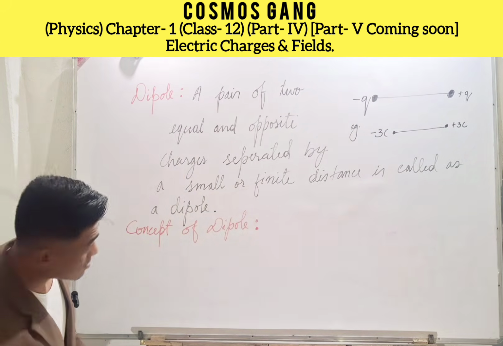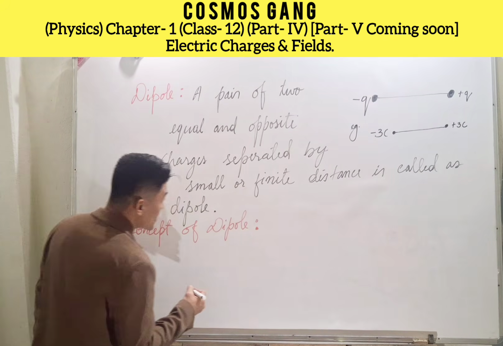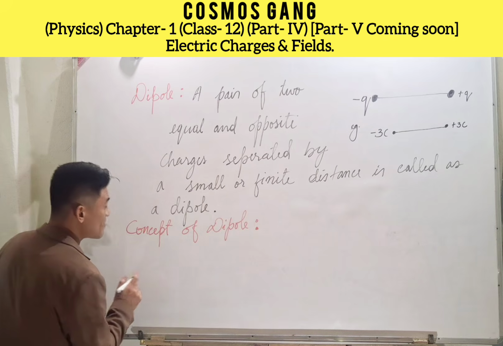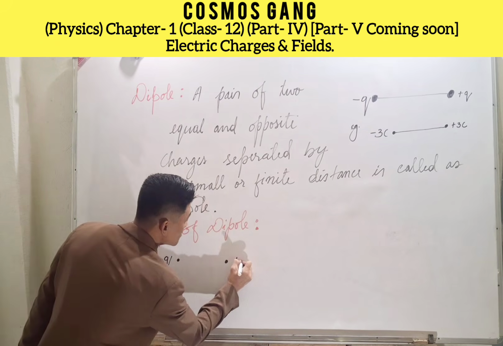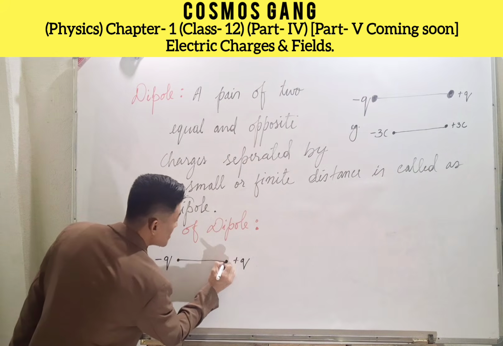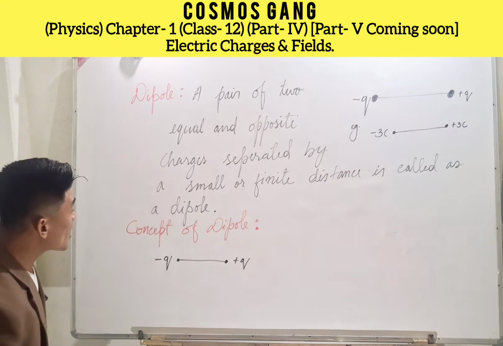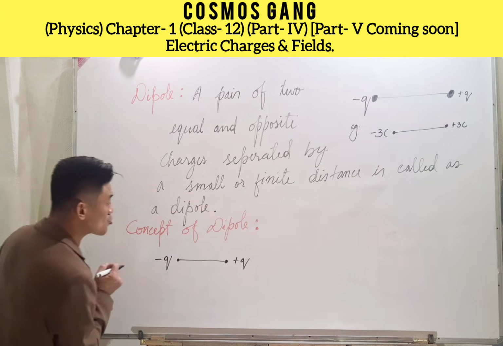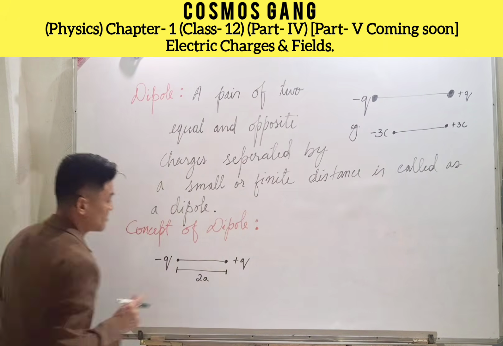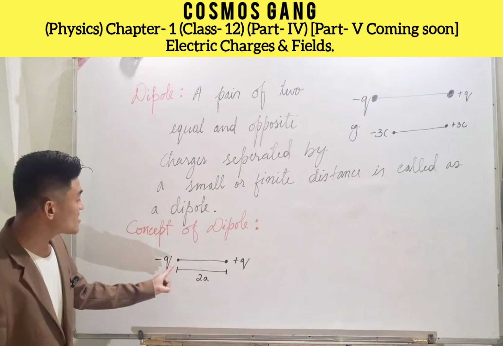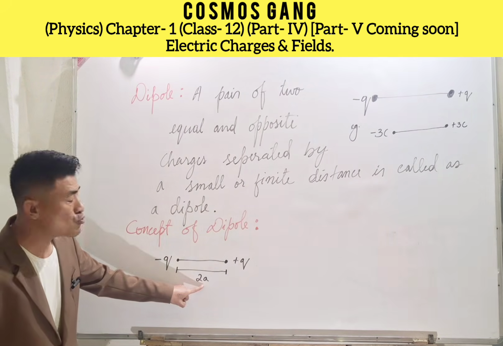A dipole always consists of two equal and opposite charges separated by a small or finite distance. We always denote the distance between the two charges to be 2a. Remember that the distance between the two equal and opposite charges is denoted by 2a.